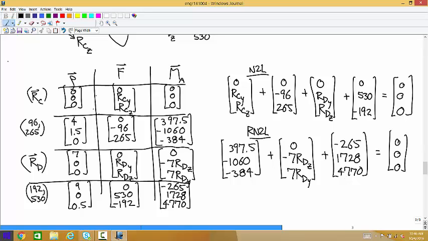And you can see that doesn't make any sense. There are no loads to counteract these moments. But it doesn't matter to us because we're just not going to deal with that equation at all.